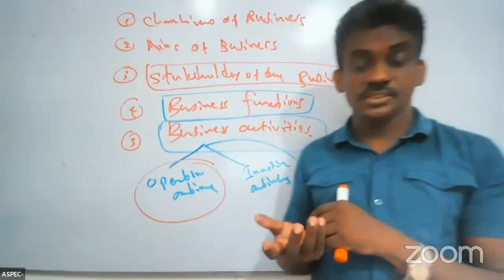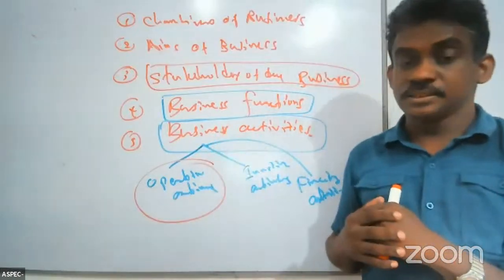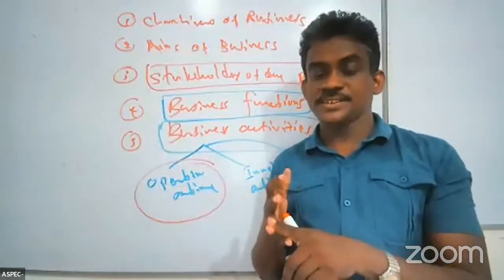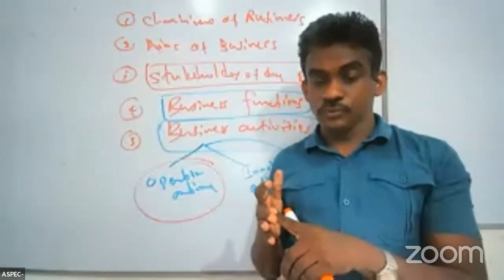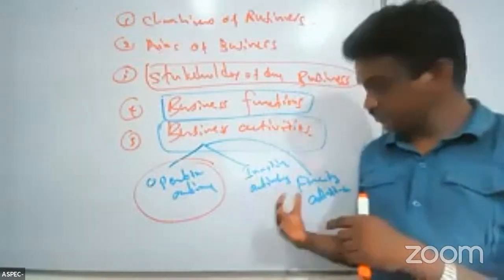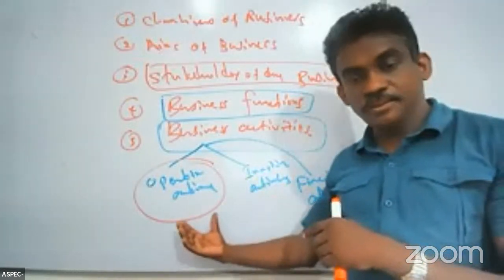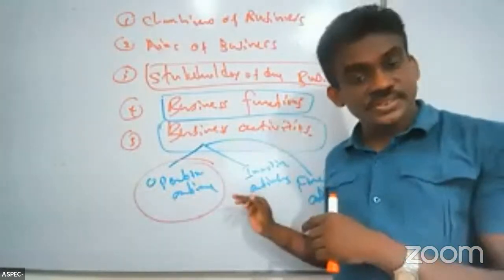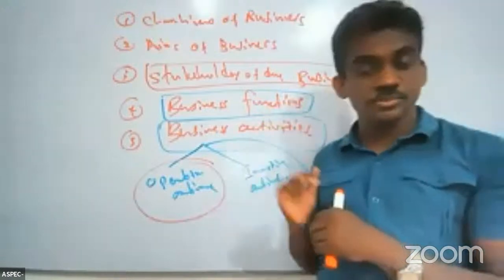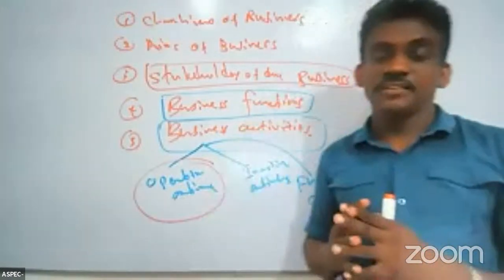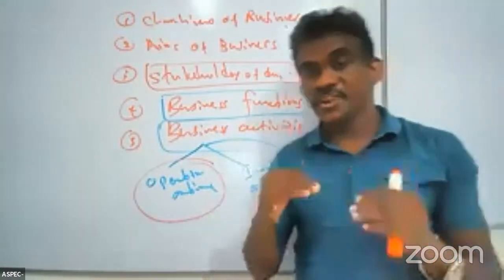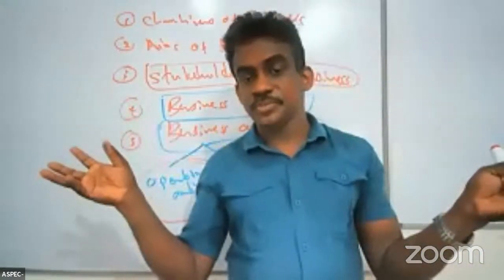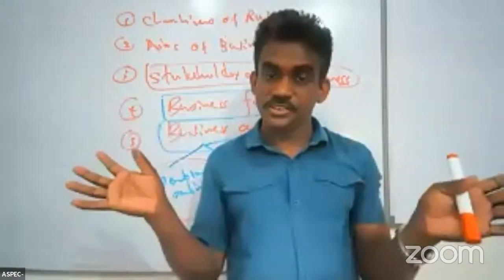Then financing activities. What are the financing activities? We discussed today: banking, use of cash, payment, funding. In future, we will discuss in detail the activities of the business and also the functions of the business. Today, we learned only the introduction parts. Briefly get an idea about the functions of business and also the activities of the business.